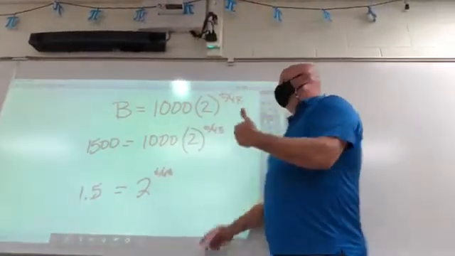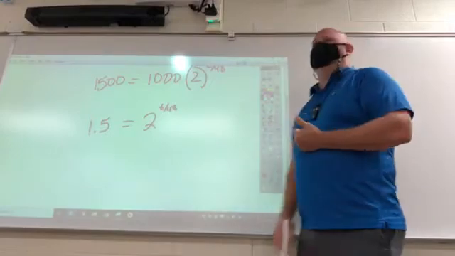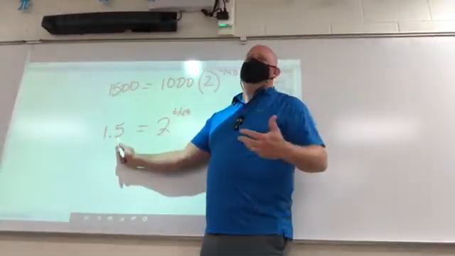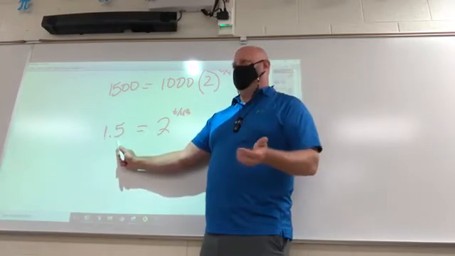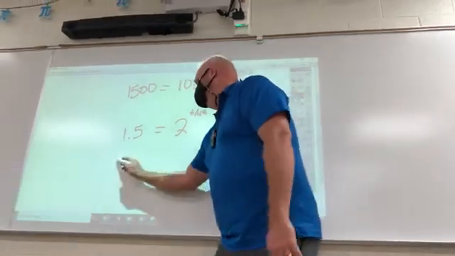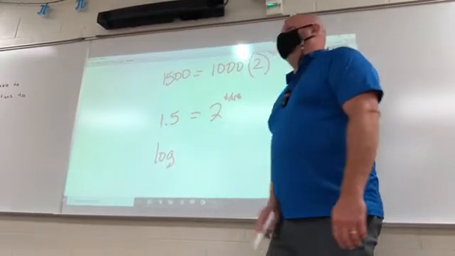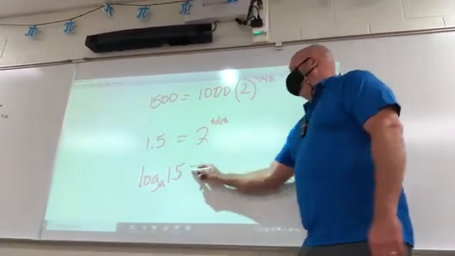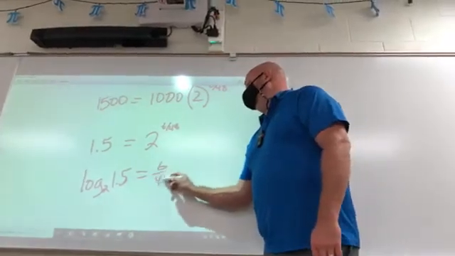What is the next step once you get it to that point? Once you get it to a number to an exponent equals another number, now we can switch forms. This would be log base 2 of 1.5 is equal to t over 48.